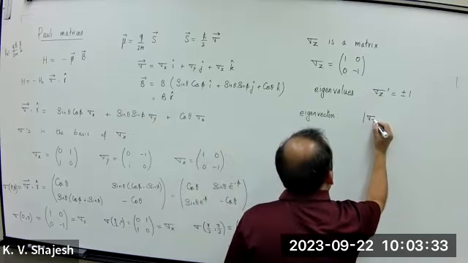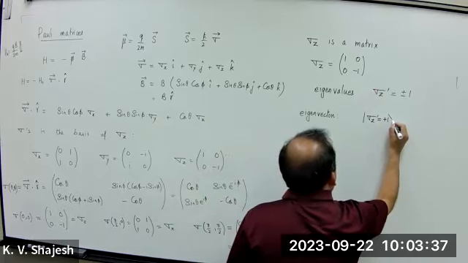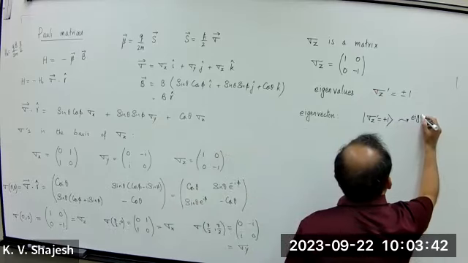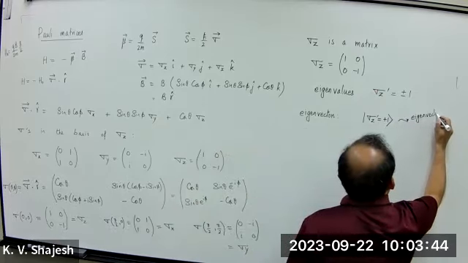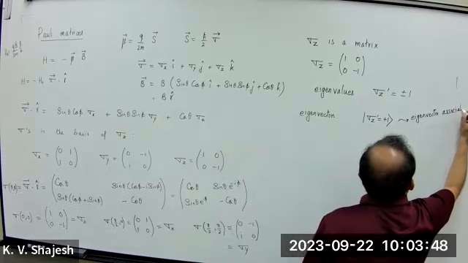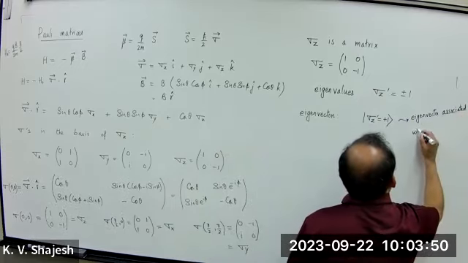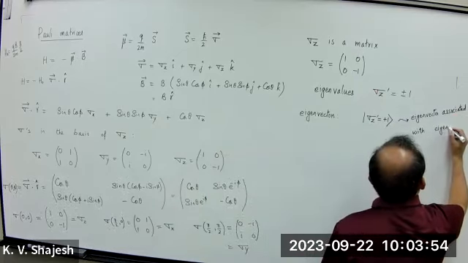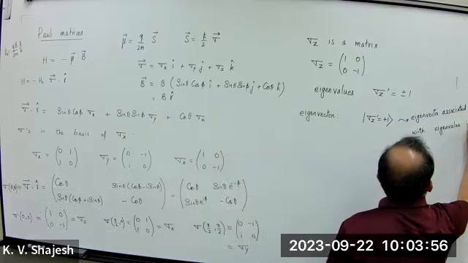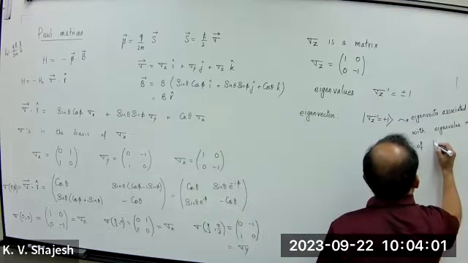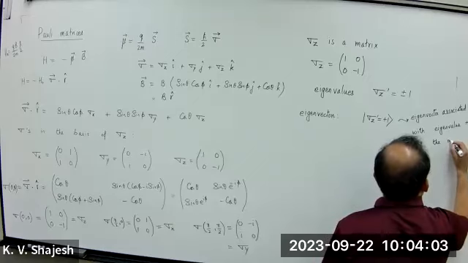So this is sigma z prime equal to plus 1. This is the eigenvector associated with eigenvalue plus 1 of the matrix sigma z.